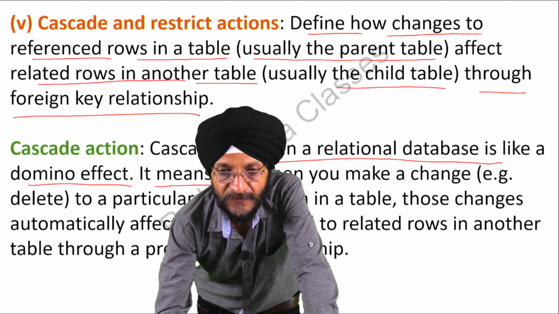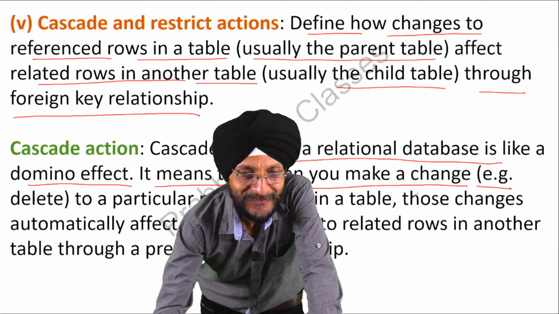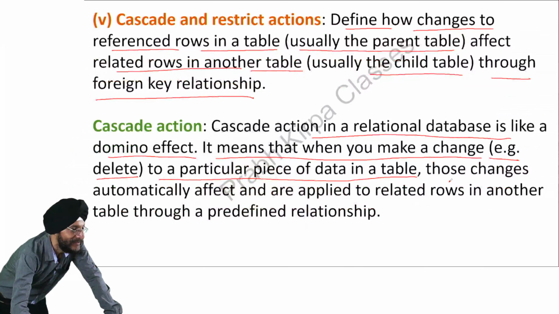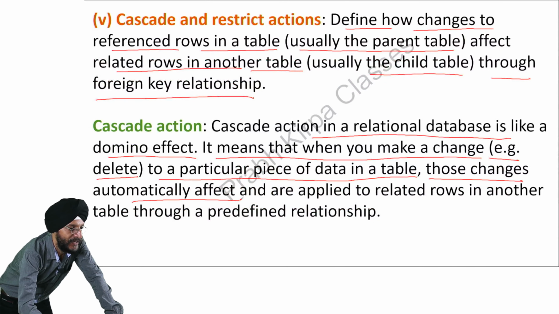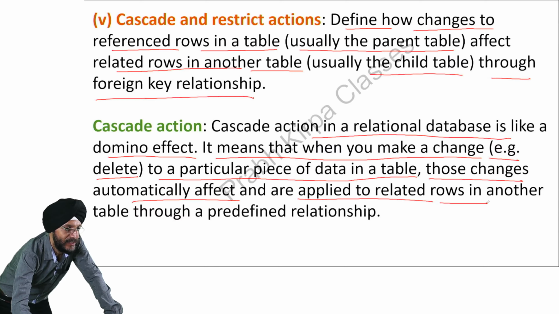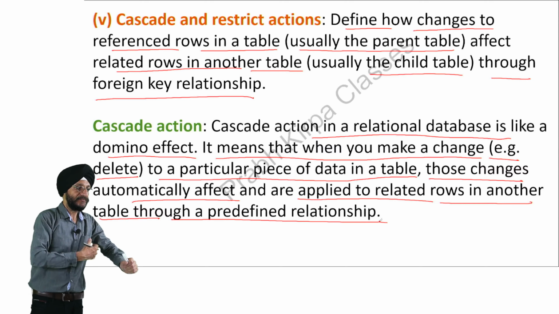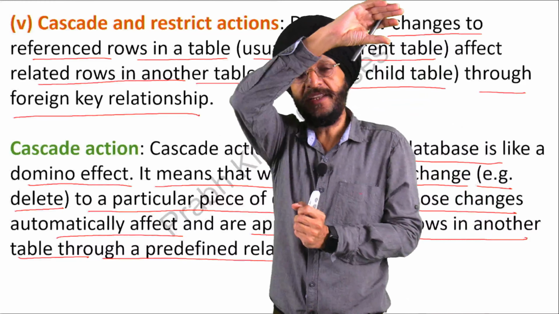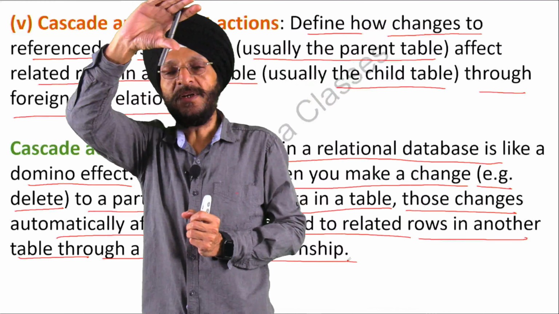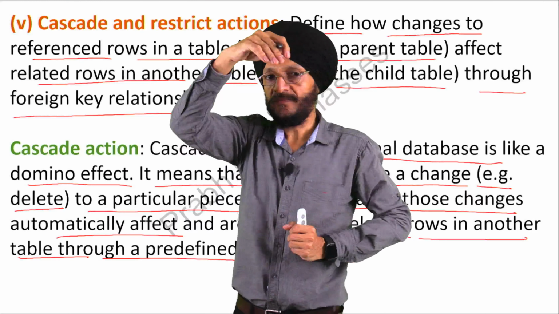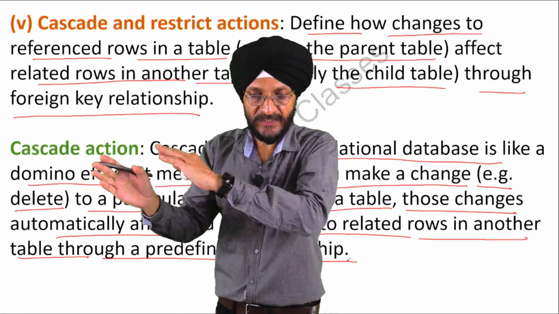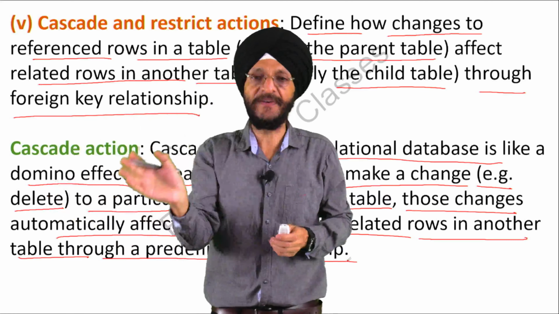It means that when you make a change, for example delete, to a particular piece of data in a table, those changes automatically affect and are applied to the related rows in another table through a predefined relationship. That is, whenever you delete, suppose, a customer ID in the customer table, then it will have its effect on the orders table, that is the related rows in another table through a predefined relationship.